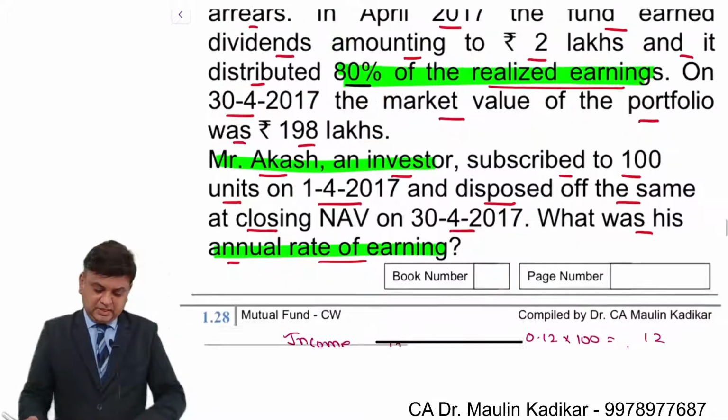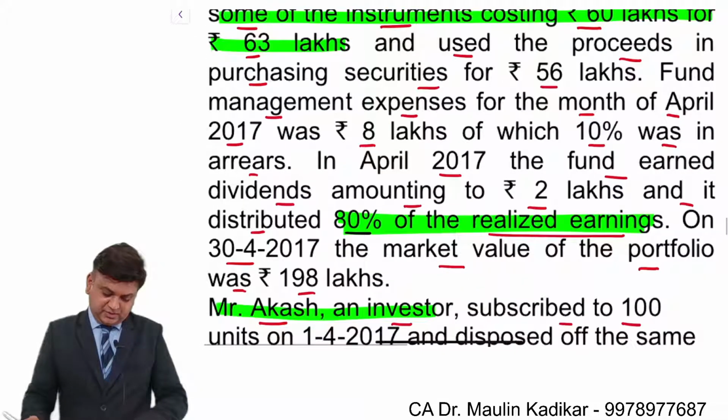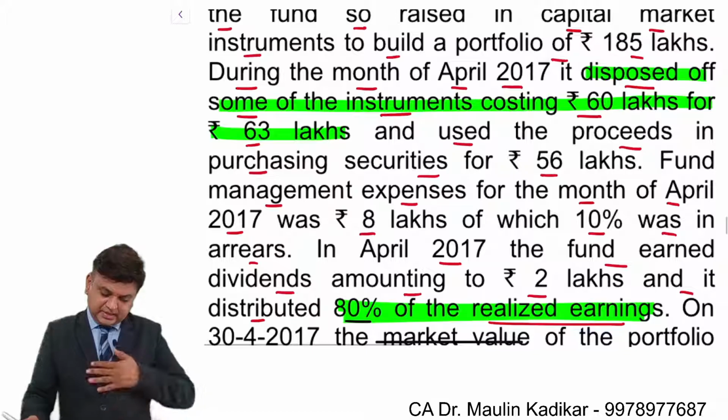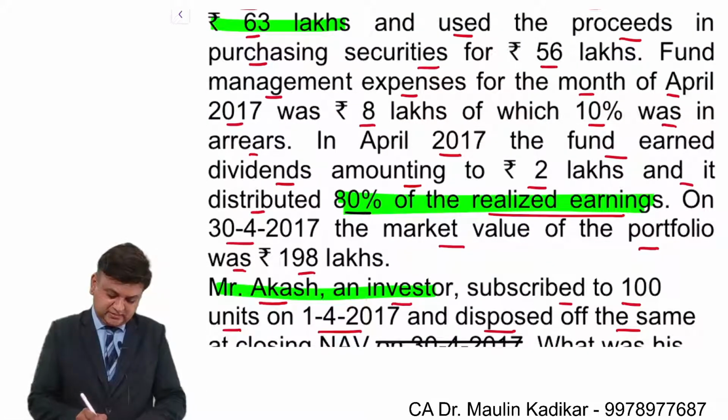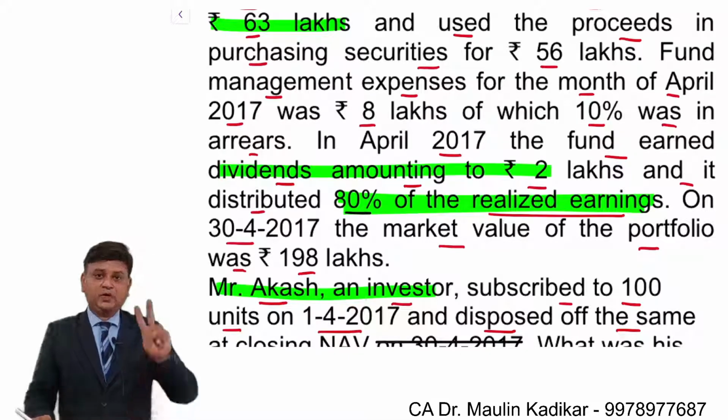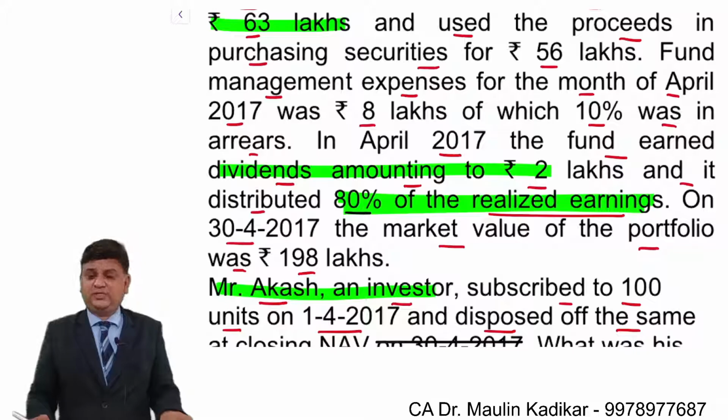Plus, the question provides the information that the investor has received a dividend income of 2 lakhs. 2 lakhs into 80% comes to 1,60,000 rupees, divided by 20 lakhs, that comes to 8 paise.